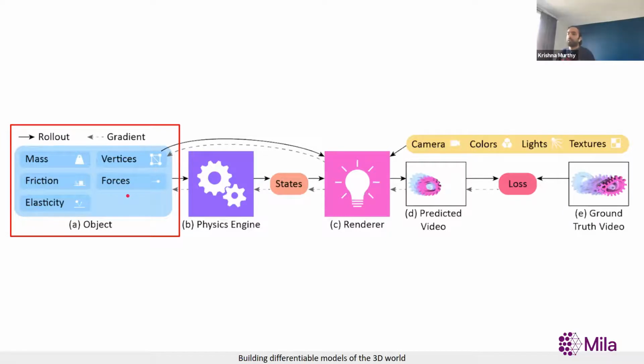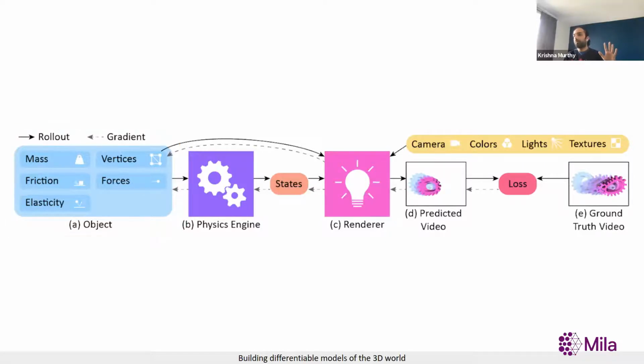That means we know the gravity, and we might know other forces that, for example, a robot uses to interact with the system. We input this object specification to a physics engine. And this physics engine is differentiable, which means it produces states, typically positions and velocities, and all of these can be differentiated with respect to the parameters of the object.